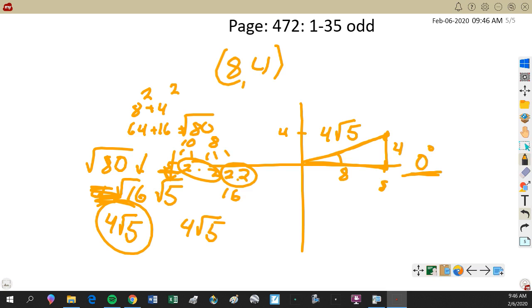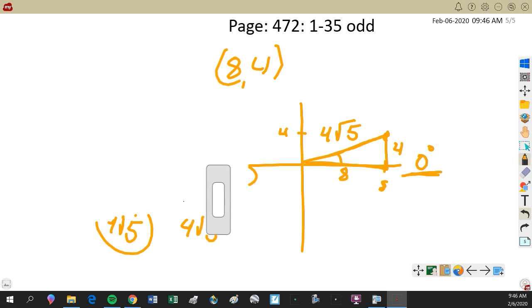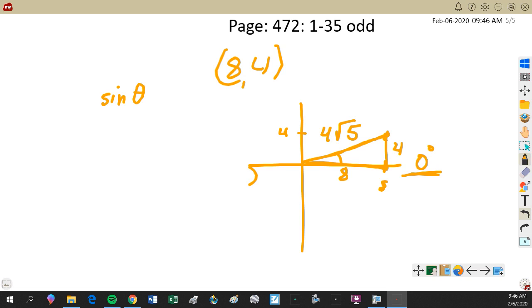Does that make sense? Now, the question says, find the value of the 6 trigonometric functions. So the sine of theta is 4 over 4 root 5. Opposite over hypotenuse. The 4's cancel, and I'm not allowed to leave root 5 in the denominator.